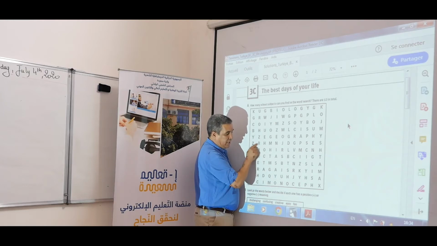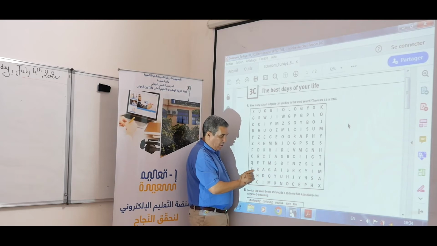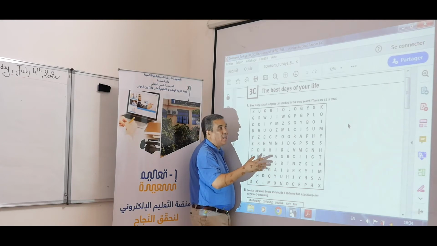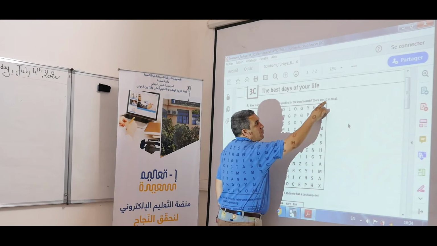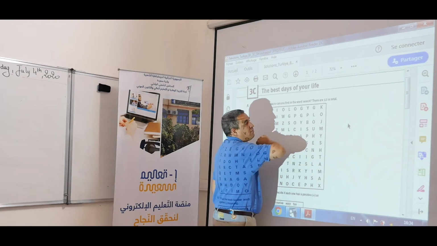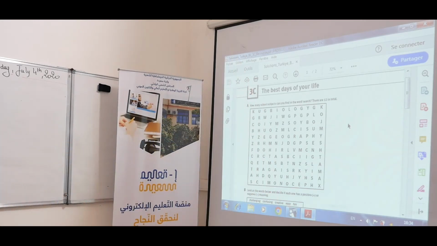This is history. Art. So you see, these are different subjects. And I'm going to let you find what is left. And remember, you can pause this video and find out the other 12. Excellent.